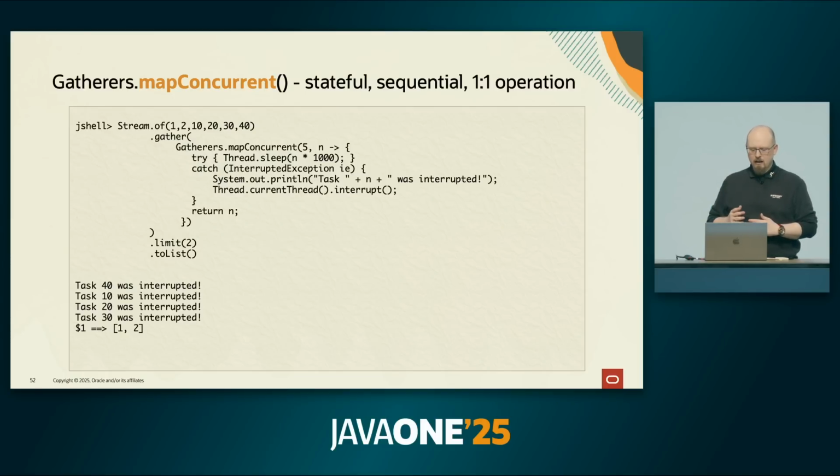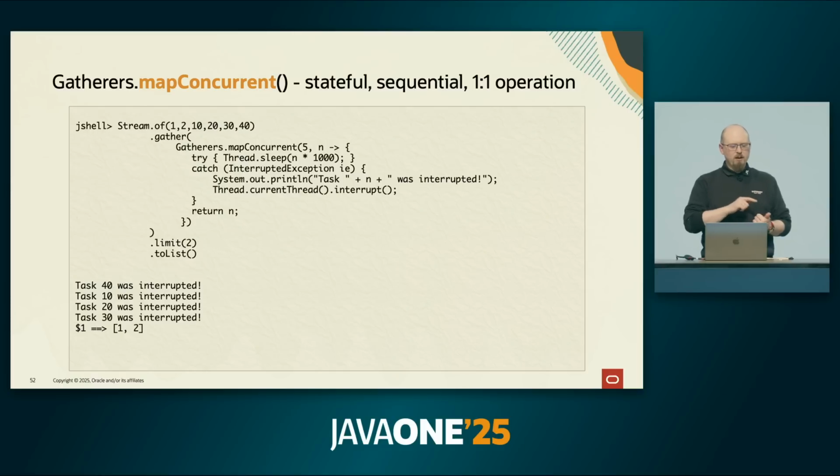In this case, we have the numbers 1, 2, 10, 20, 30, 40, and for each of those values, we're going to sleep for that amount in seconds. We have set our max limit to 5 here, so we only do 5 at the same time. Whenever we get interrupted, we reset the interrupt and we return the value.